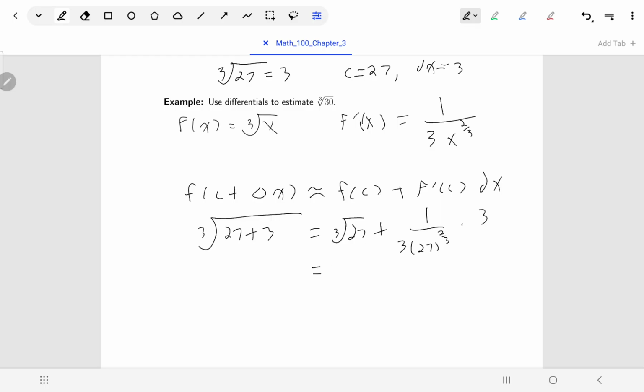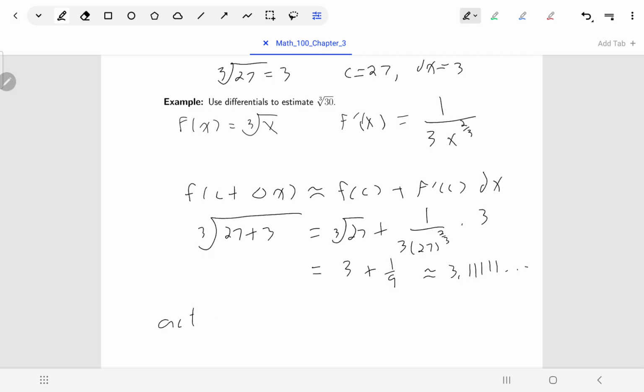So that cleans up not too terribly for me. The cube root of 27 is 3. 27 to the 2/3 is 9. 9 times 3 is 27. So for my fraction, I'd have 3/27, or the same thing as 1/9. As a decimal, you get 3.11111, and so on.